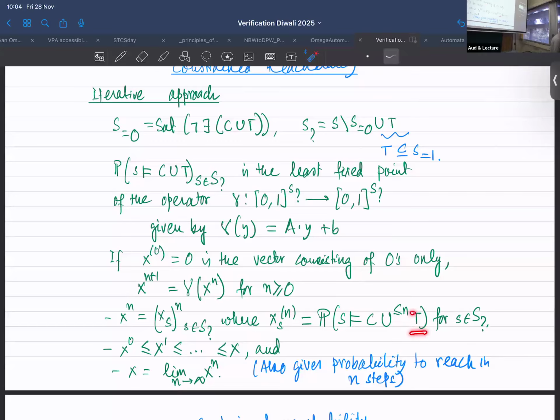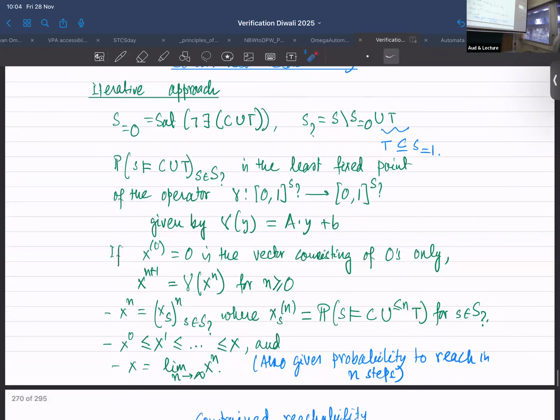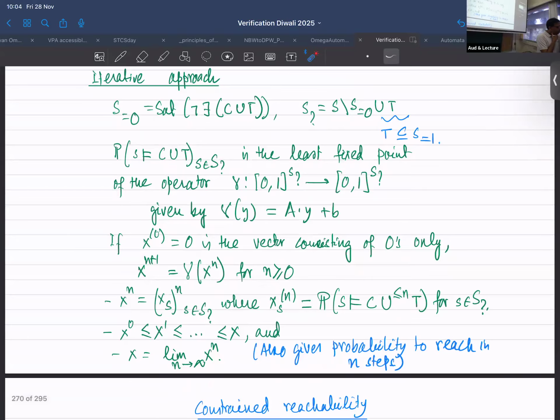I have those states, and this says that I am reaching the set T from S while seeing only C, while seeing only C.